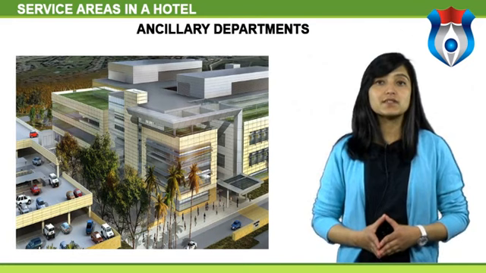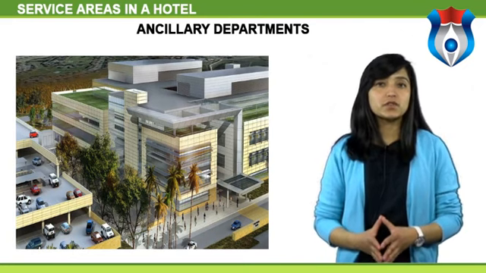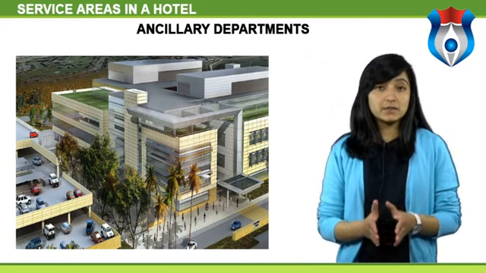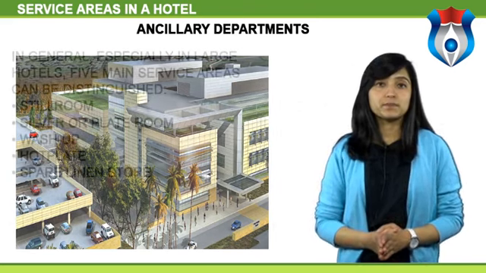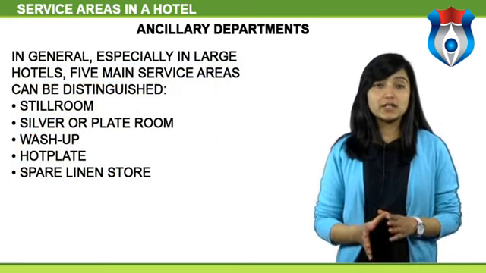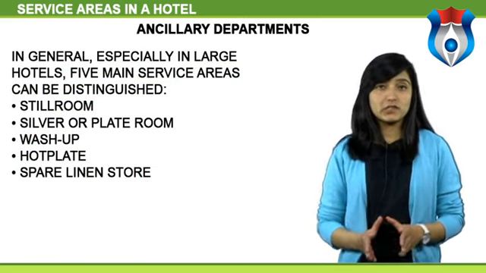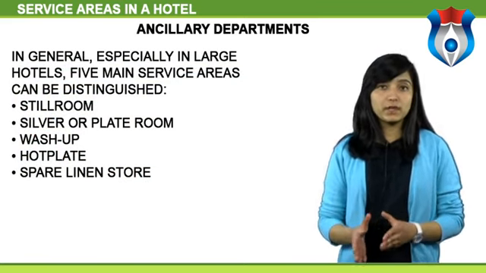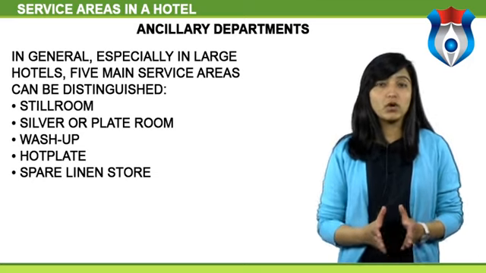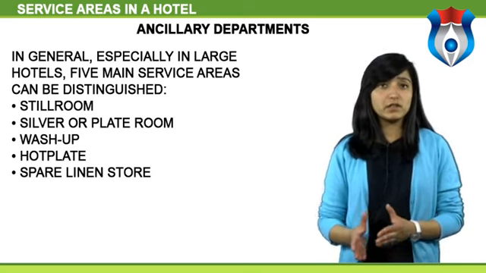The service areas themselves are some of the busiest parts of a catering establishment, especially during the service periods. In general, especially in large hotels, 5 main service areas can be distinguished: still room, silver or plate room, wash up, hot plate, spare linen store.